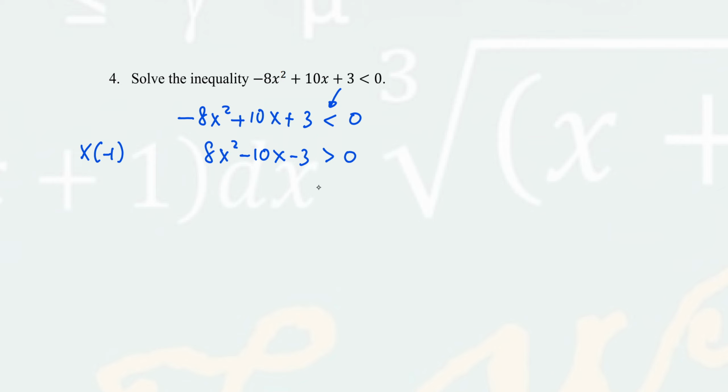Then you try to factorize these 3 terms. Basically, this quadratic function can be factorized. I know that 8x squared could be 8x times 1x or 4x times 2x. I choose this because I need to get minus 10x here, and the other one is just 3.